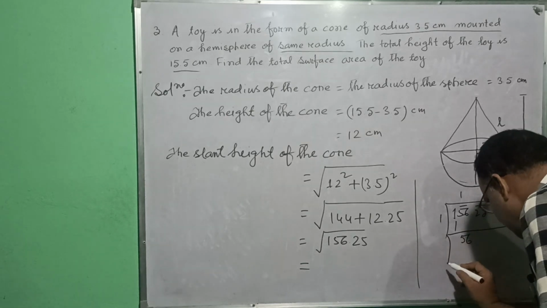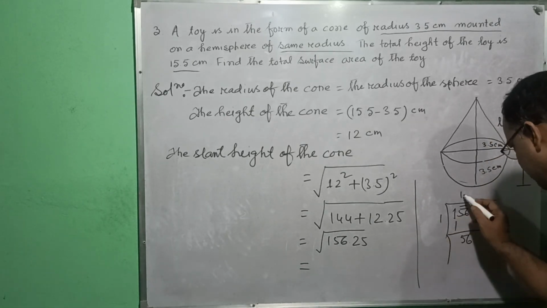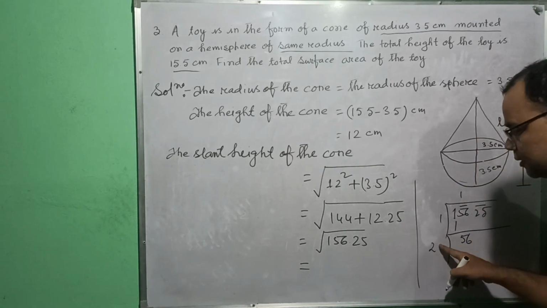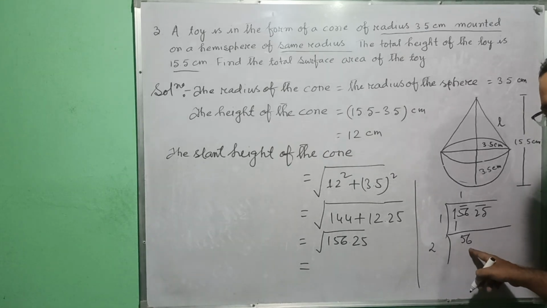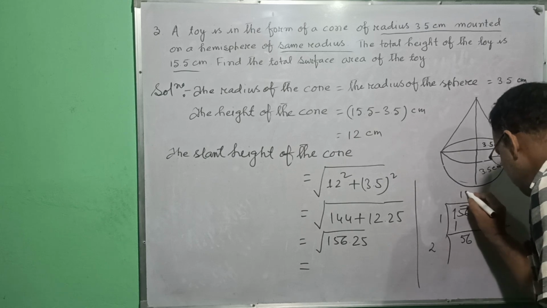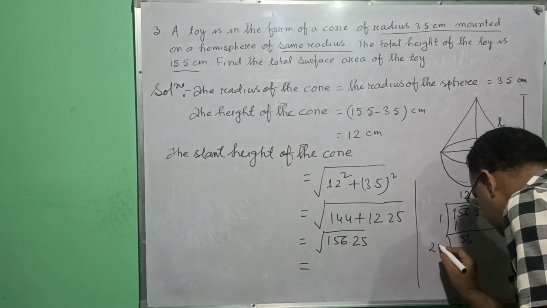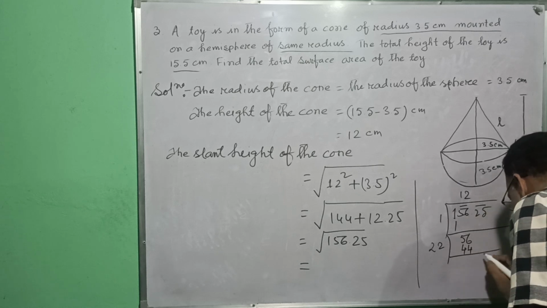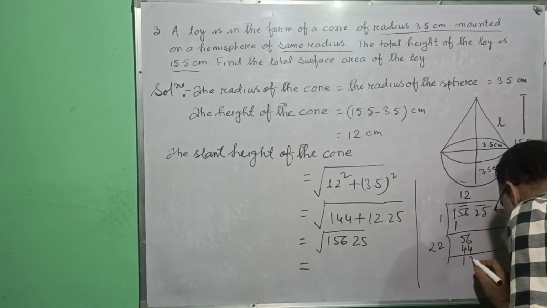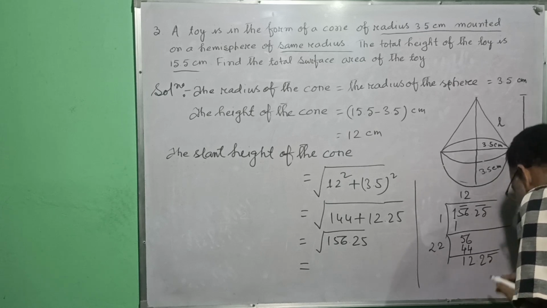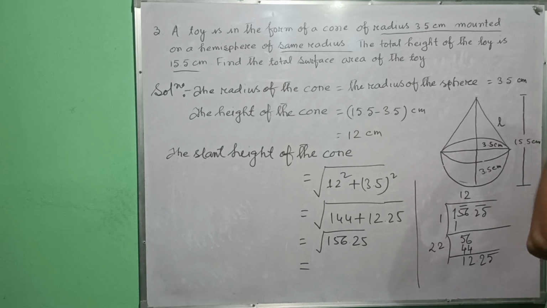Now we have to write here the double of 1, and it is 2. Now you have to choose one number so that it becomes 56 or less than 56. So it should be 2. If we put 2 here, then here will be 44. Now we'll put here 25, so it is 12.25.